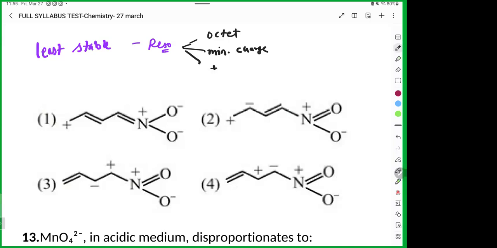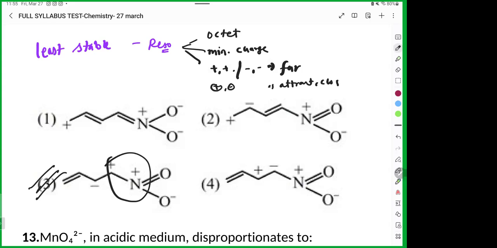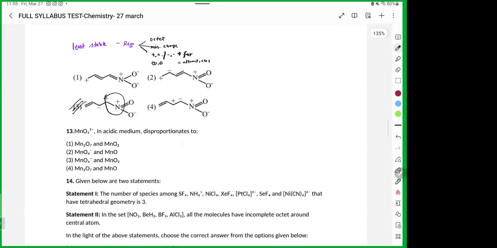If you take the same charge, positive positive or negative negative, they should be far apart because they repel, and positive negative should be close because they attract. So if you look at option 3, the positive and positive are really nearby. So it's 3 only. Yes, done. This was the question.